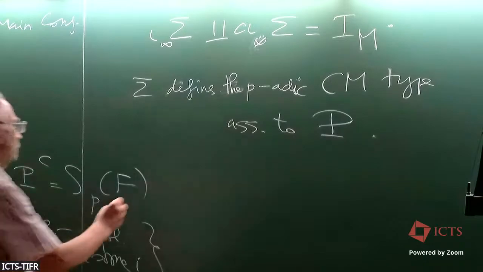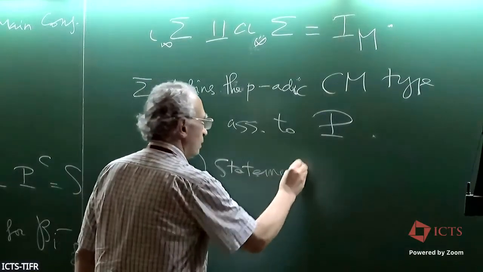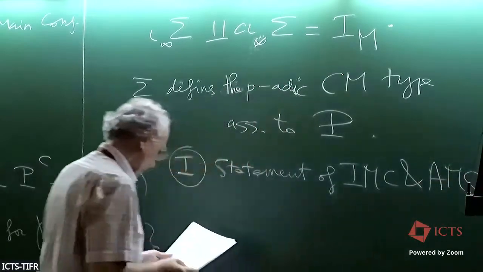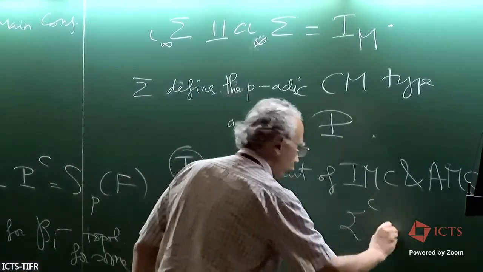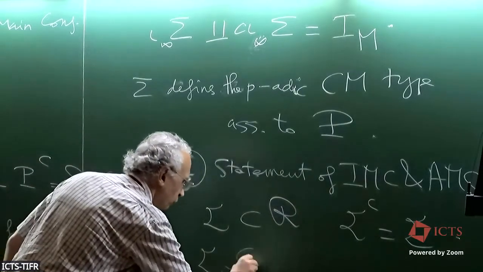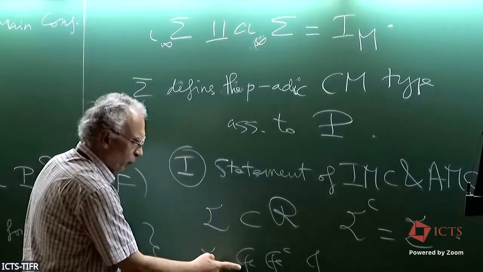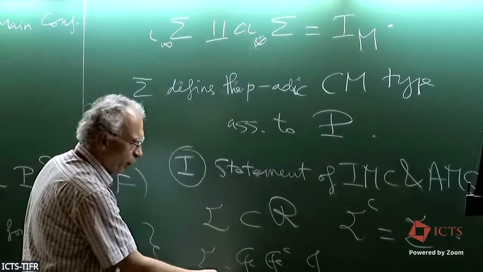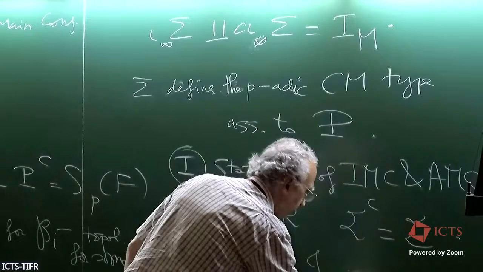So the first part is the statement of the Iwasawa main conjecture and the anticyclotomic main conjecture. So we fix an ideal C in R, which is invariant by complex conjugation. So we can decompose it as a product of ideals. So this is a product of primary ideals of relative degree 1, and these are inert or ramified factors.